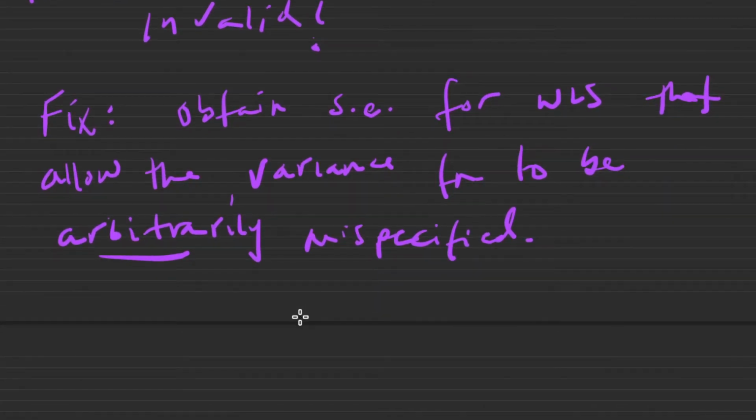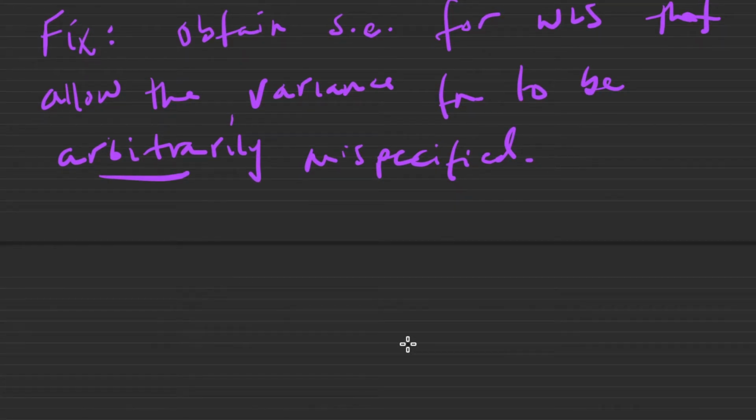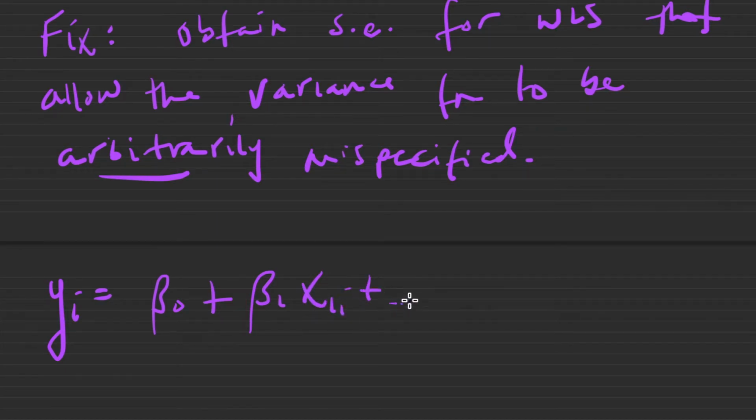So let's take an example and see what we mean. Suppose that we start with a model yi is equal to beta naught plus beta 1 x1i through beta k xki plus ui.